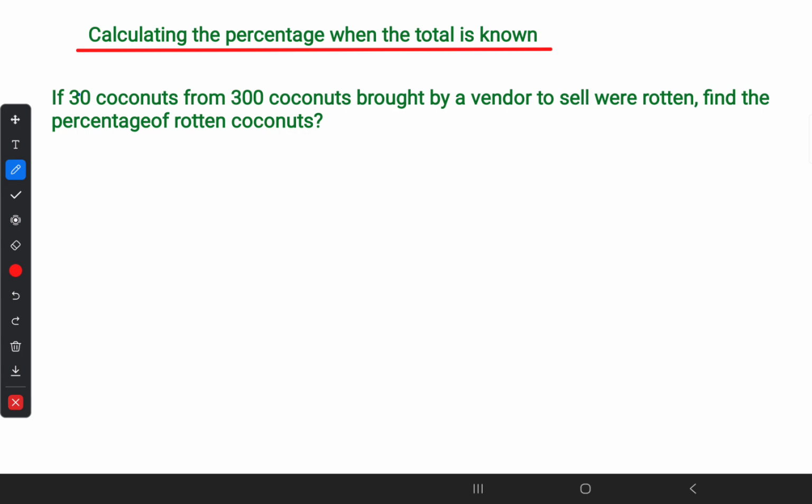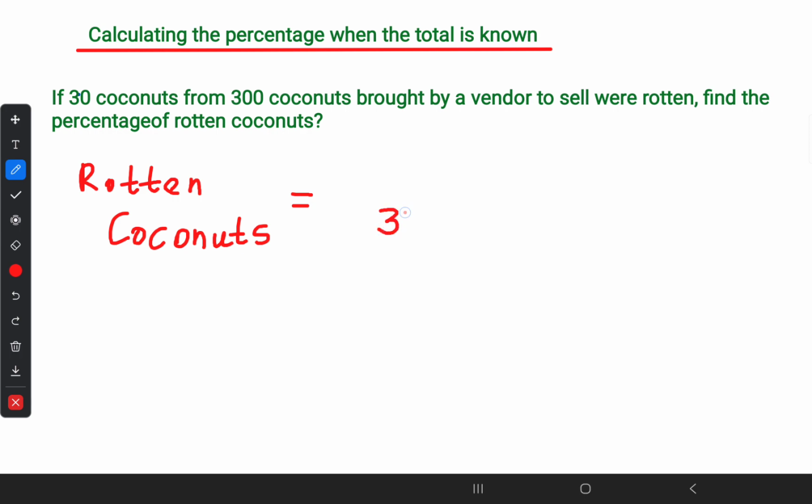First of all, in all cases, whether they ask or not, definitely you have to express that as a fraction. So from 300 coconuts, 30 coconuts were rotten. I will write the rotten coconuts fraction, using some proper wording like this: rotten coconuts amongst 300.